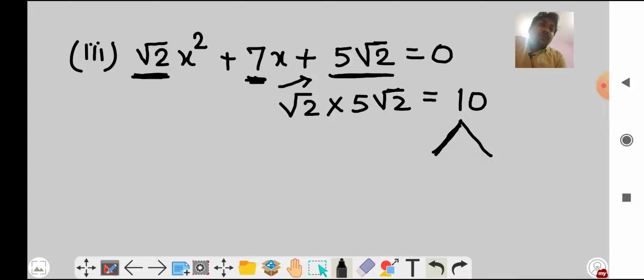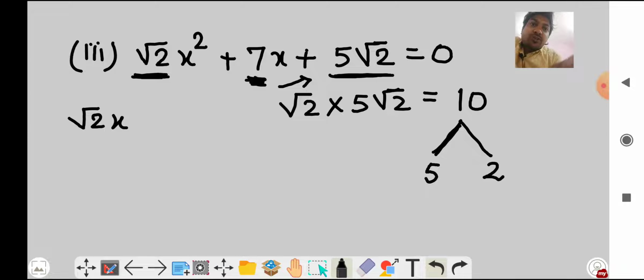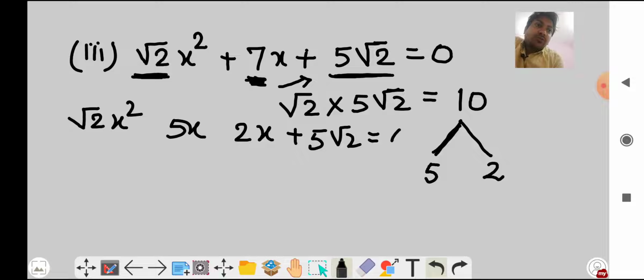So we have to find the factors of 10 such that their addition will give 7. So it will be 5 and 2. Is it clear, guys? So just you write here root 2x square. Here you write 5x. No need to write the sign. 2x plus 5 root 2 equals to 0, right?